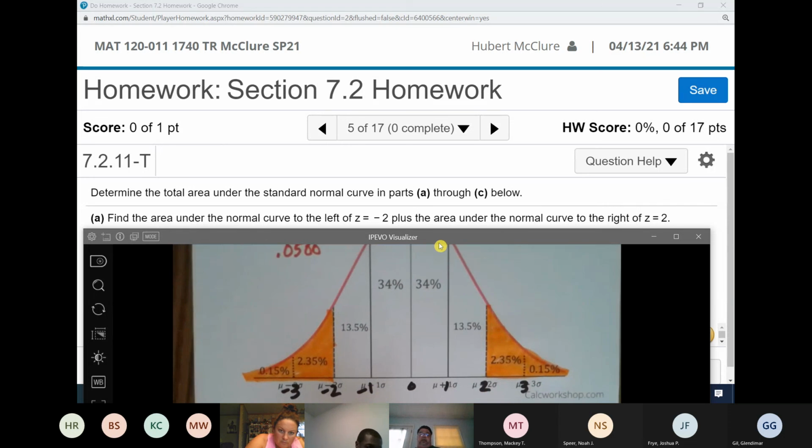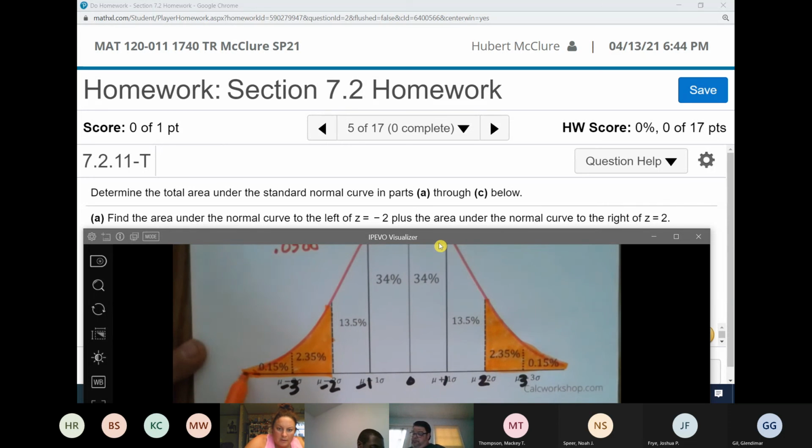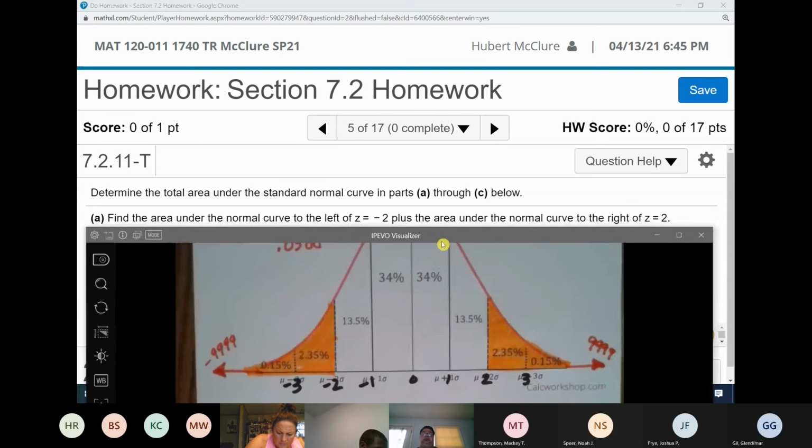Okay, now I want everybody to take your calculator. Hang on. So you add the two together. Yeah, that's what it says. I think it says that in the question. Just check it and see.